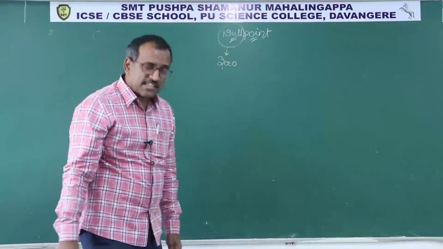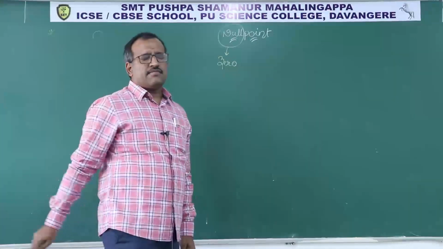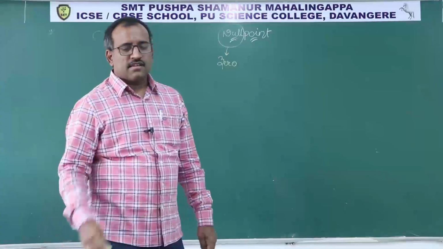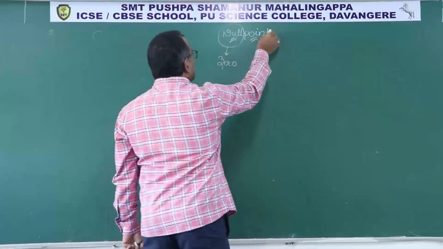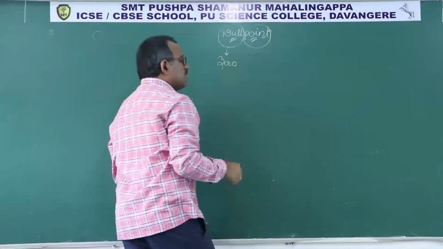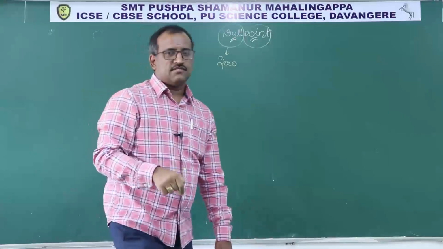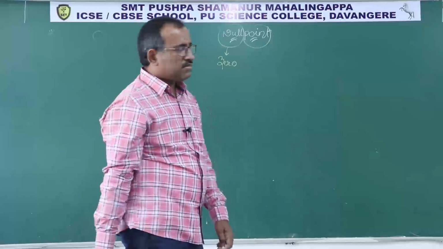You studied in first year vectors, null vector, the magnitude should be zero. Point means the point at which zero net force is there.